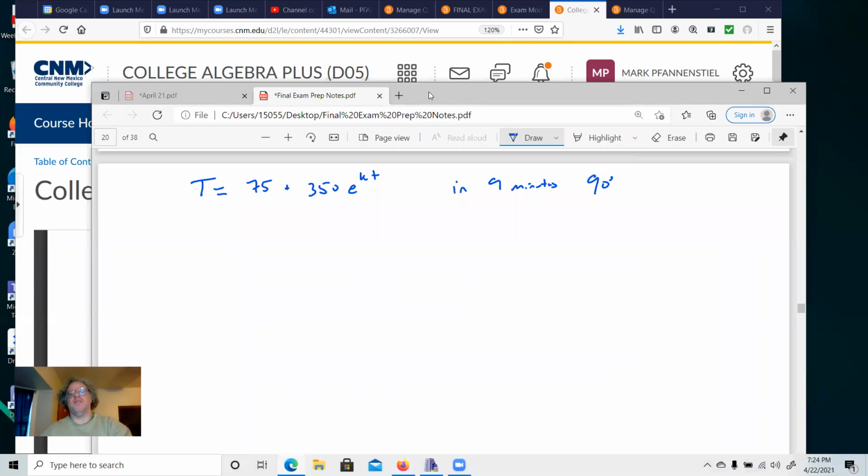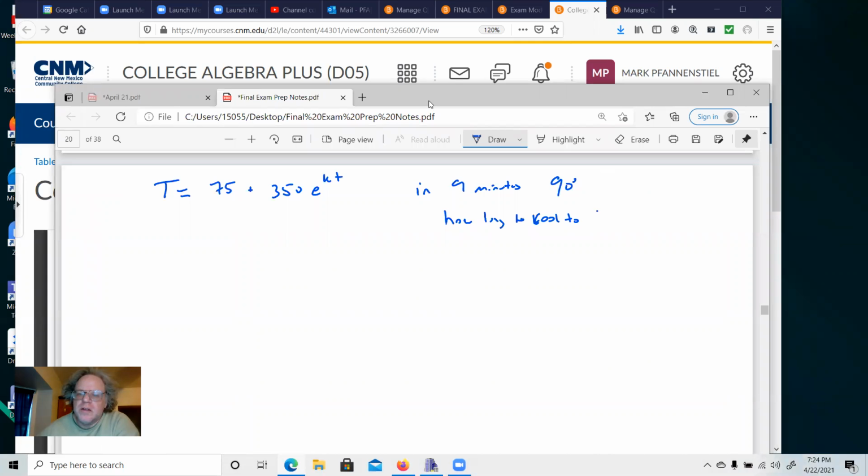Just assume that these people eating the pizzas perform this experiment more than one time. And then how long to cool to 110? So in 9 minutes, it cools to 90 degrees. Let's go ahead and use that.